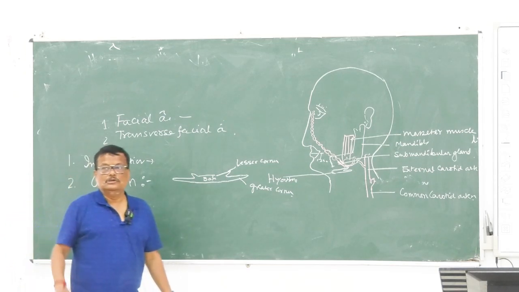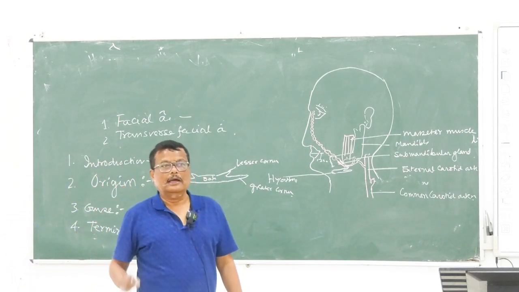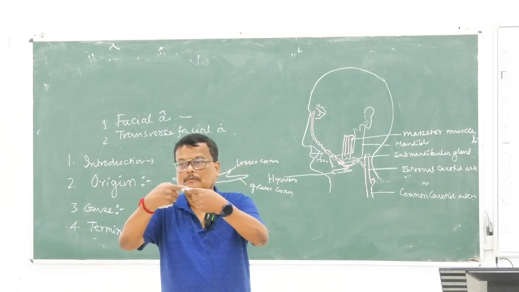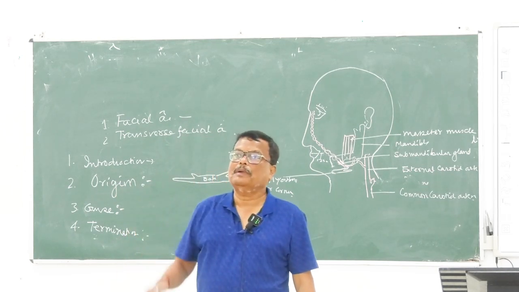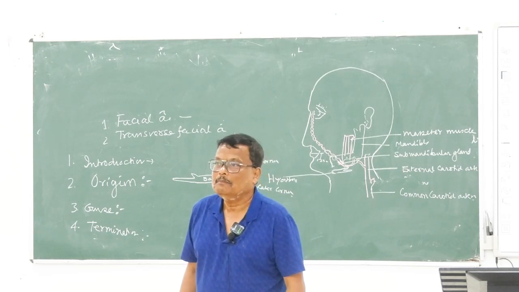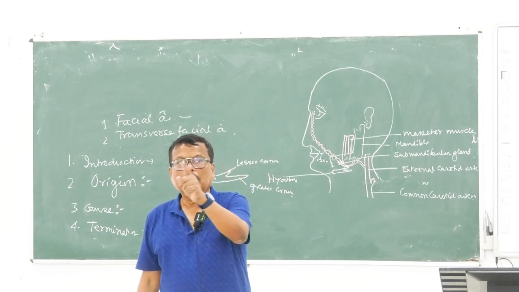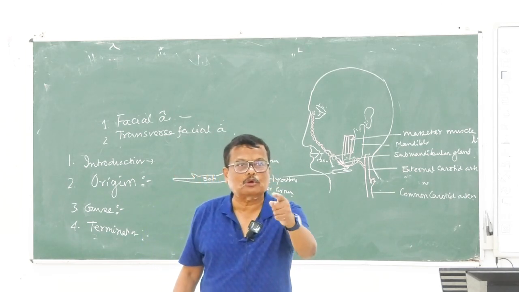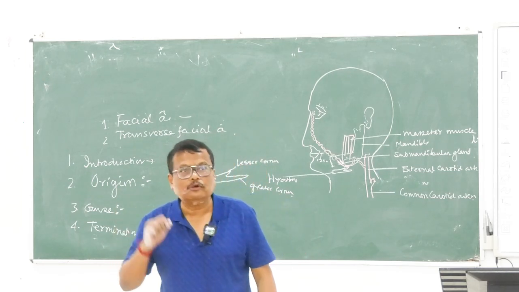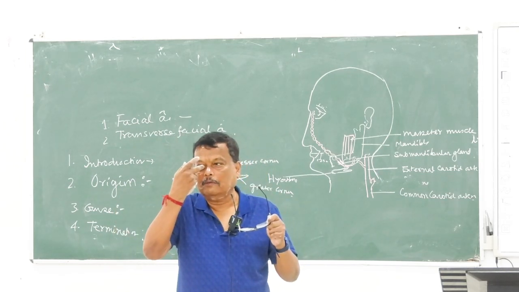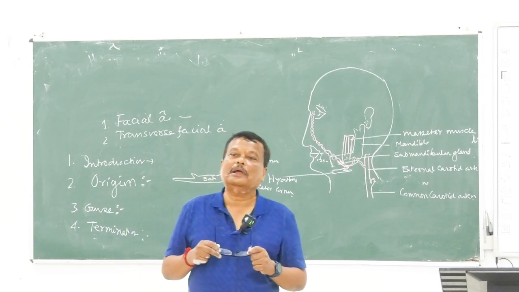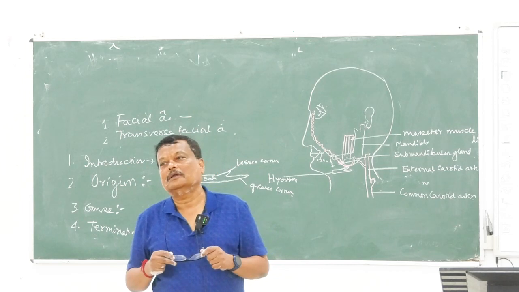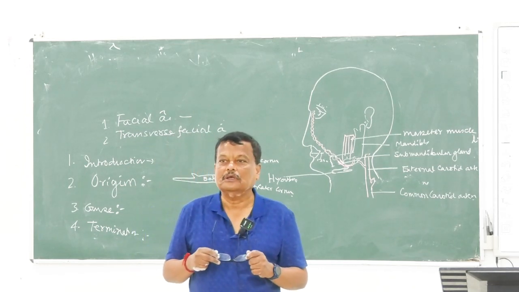Here it terminates by anastomosing. Anastomosing মানে কি? আর্টারির সাথে একটা আর্টারি যোগ হয়ে with the dorsal nasal branch of the ophthalmic artery. ভালো করে এটা শোনো, it ends by anastomosing. কোথায় এন্ড করছে? মিডিয়াল অ্যাঙ্গেল অফ দ্য আই। কার সাথে অ্যানাস্টোমোজ করে? ডরসাল নেজাল ব্রাঞ্চ অফ দ্য অপথ্যালমিক আর্টারি। কেন এটা স্ট্রেস করছি?